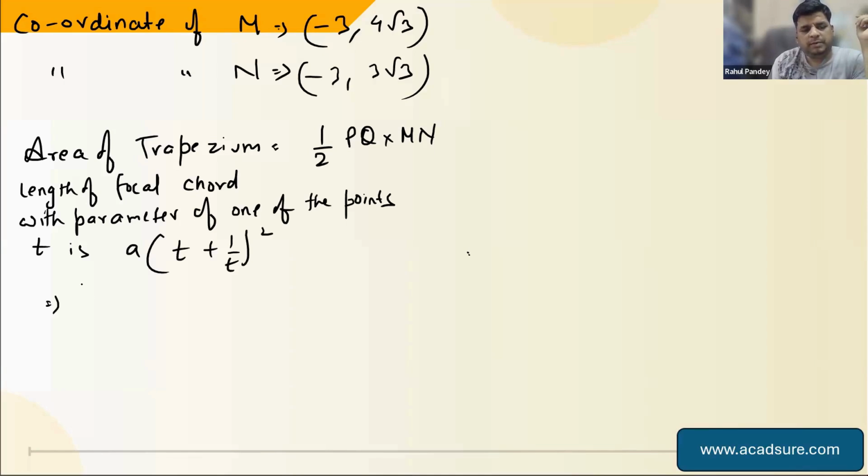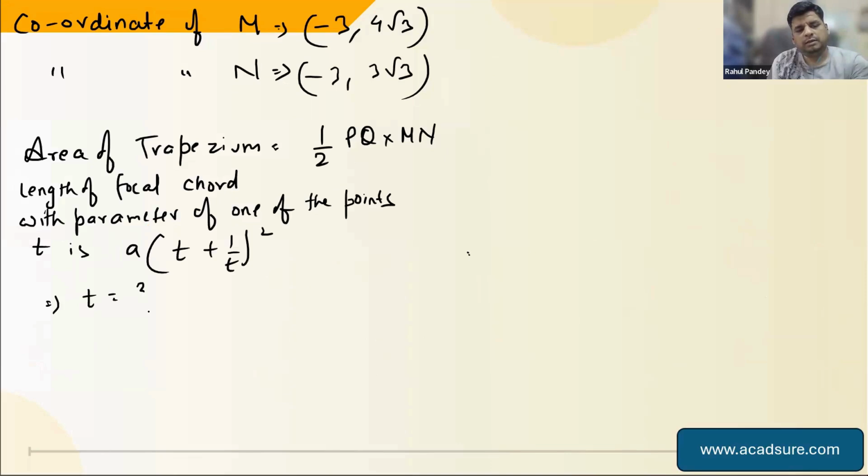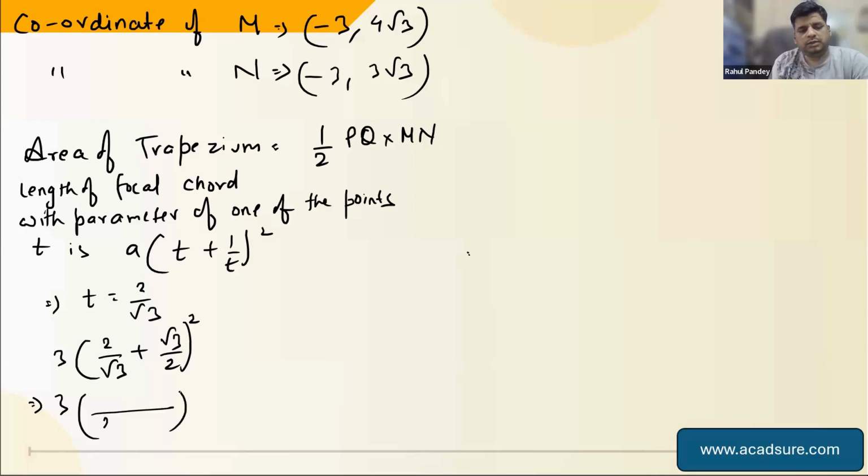So if we take the parameter t as 2/√3 for P, the length would be 3 times (2/√3 + the reciprocal √3/2) whole square, which is 3 times ((4 + 3)/(2√3)) whole square, which is 3 into 49/(4 into 3). So the length of the focal chord is 49/4.